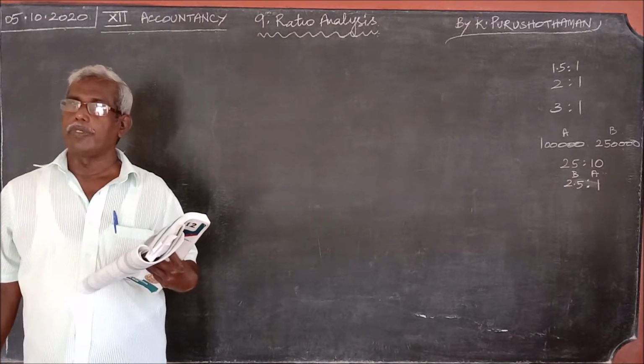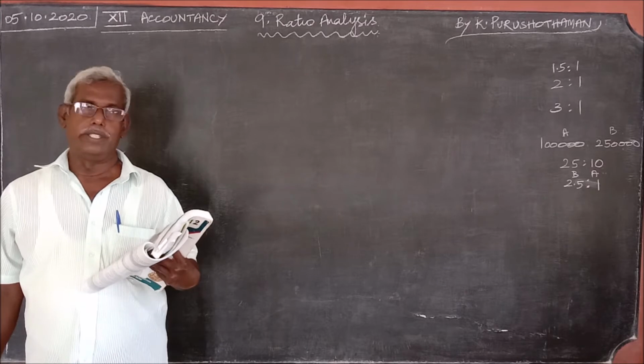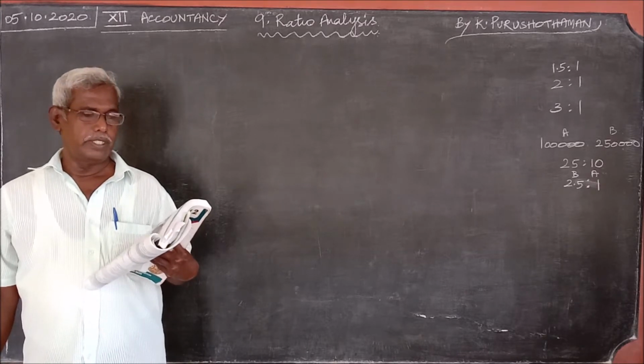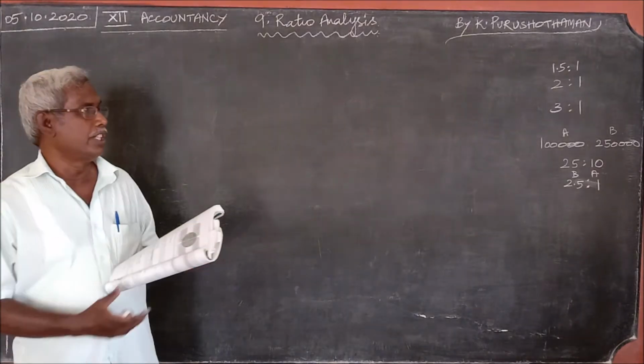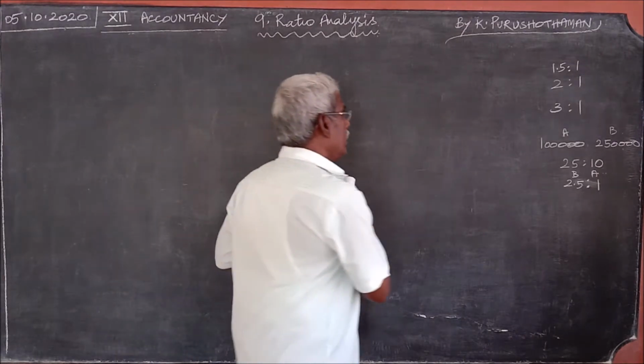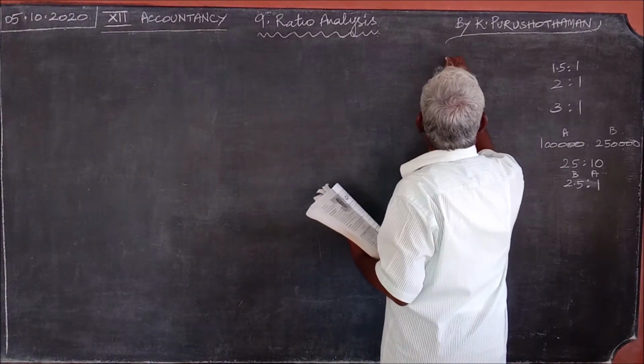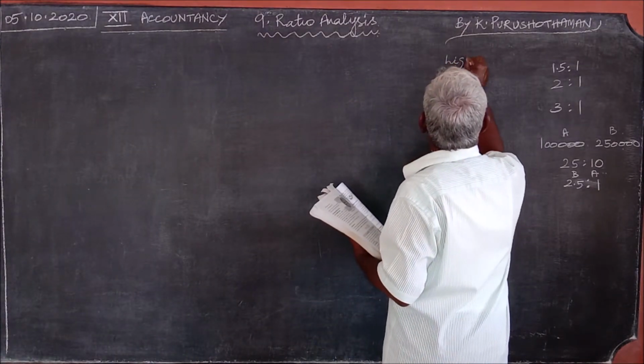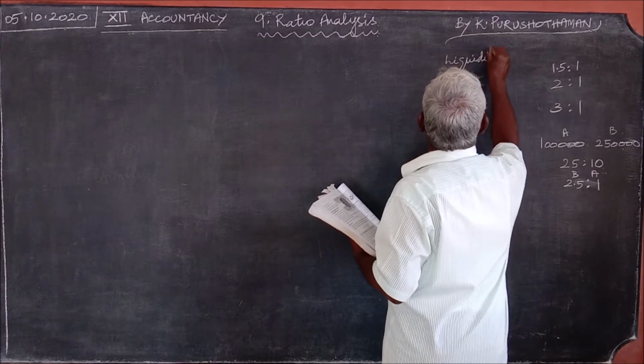Our aim today is to finish the first type, liquidity ratios. What are the 2 different types of liquidity ratios?